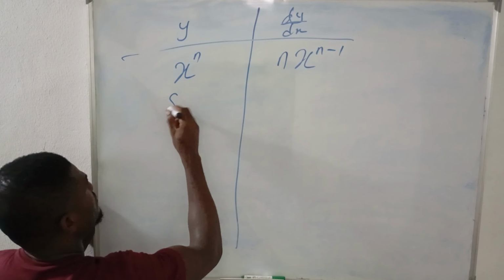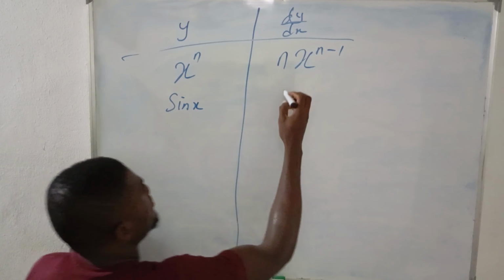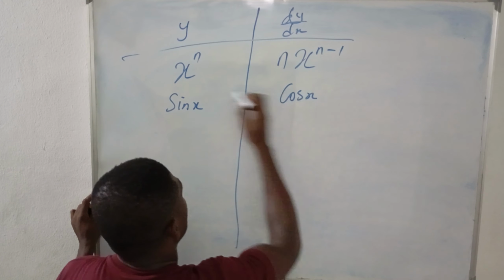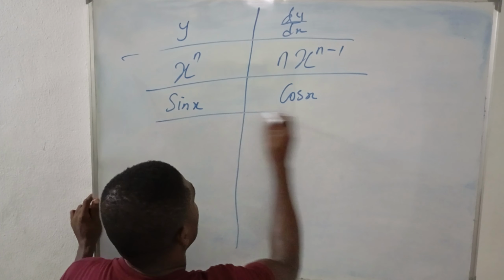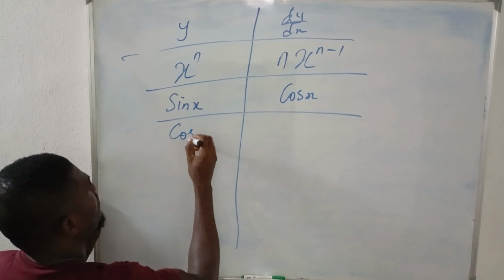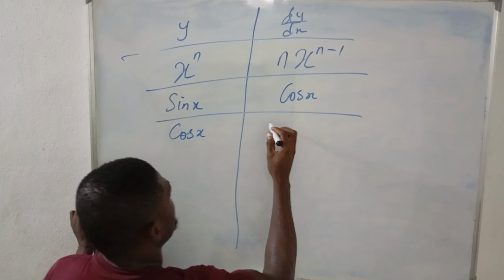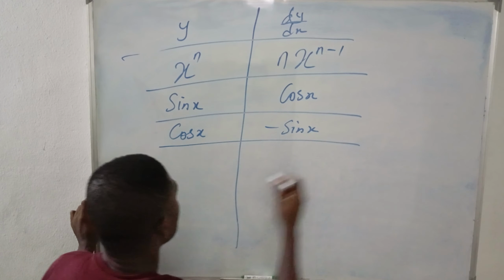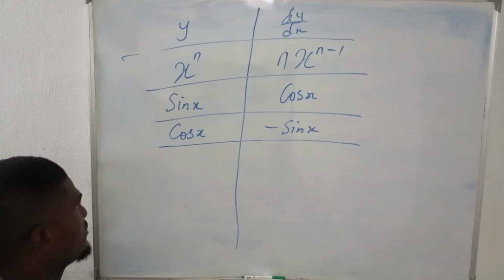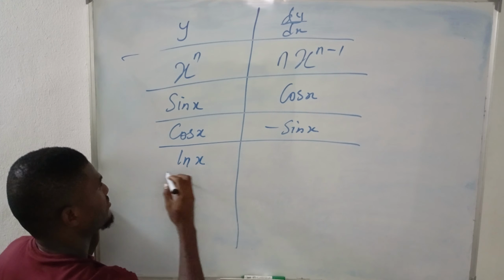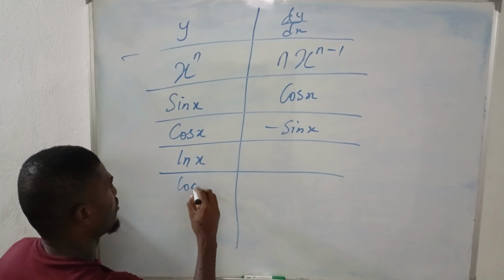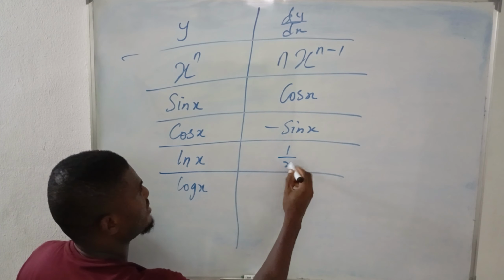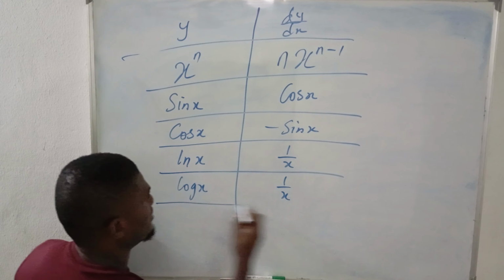If your y is equal to sine x, your dy/dx becomes cos x. If your y is equal to cos x, your dy/dx becomes minus sine x. If your y is equal to ln x or log x, the dy/dx will be 1 over x.